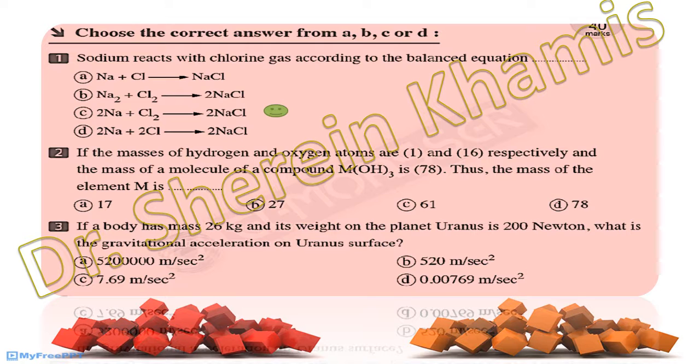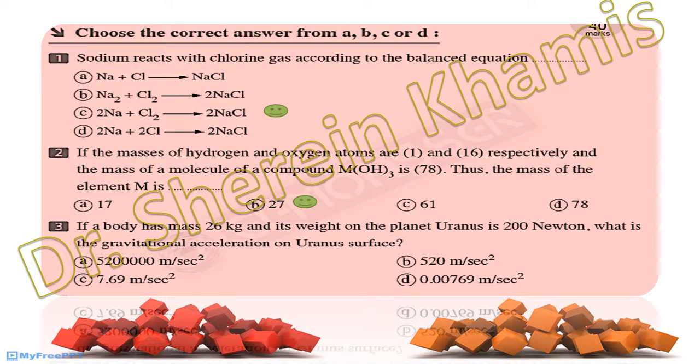We have 3 atoms of oxygen, so we multiply 3 times 16, and also we have 3 times 1. So we make a subtraction: 78 minus the addition of 3 atoms of oxygen and 3 atoms of hydrogen. The right answer will be 27.